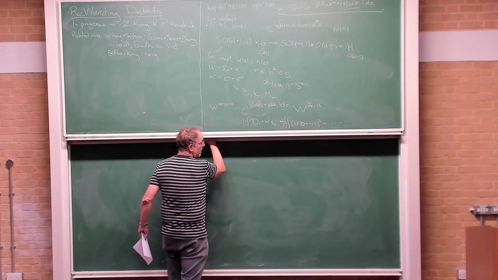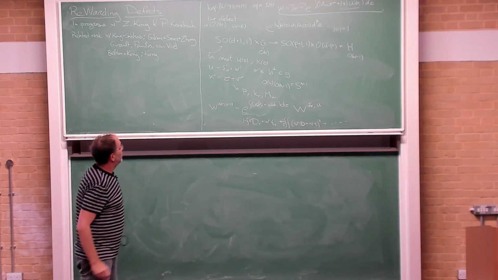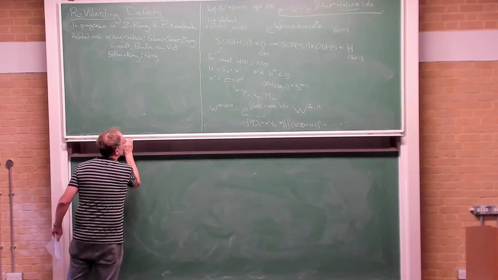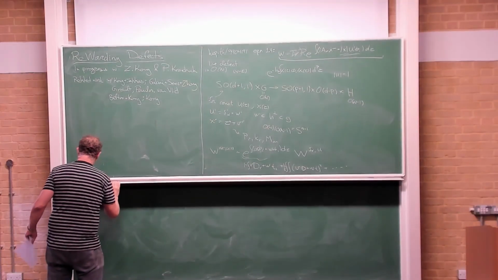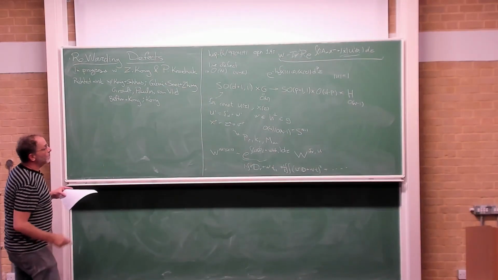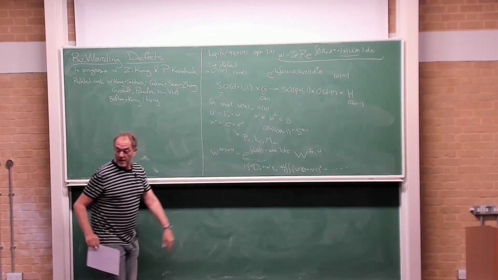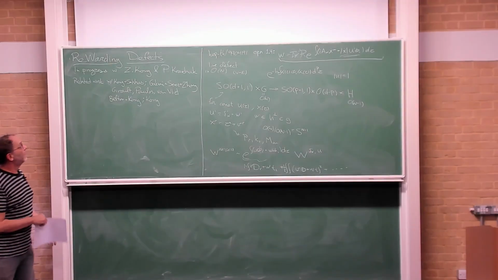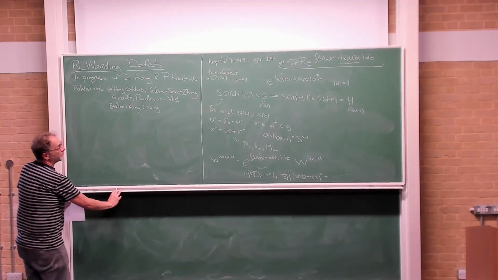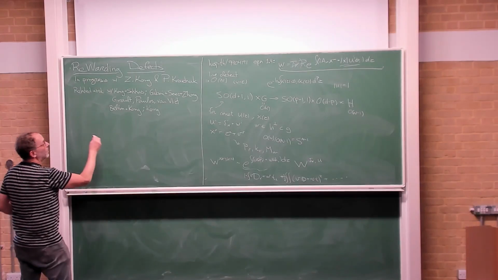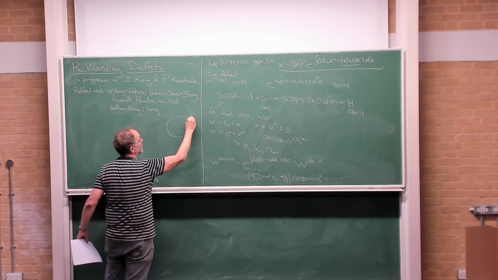So let me illustrate this issue in a very simple setting. So I want to find an arbitrary profile using these infinitesimal deformations of my symmetric defect. So in particular, I have this S^(n-1).